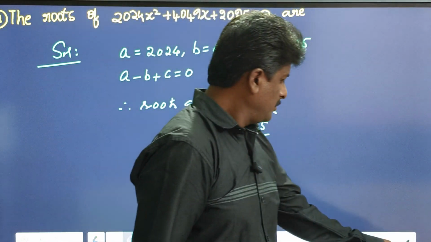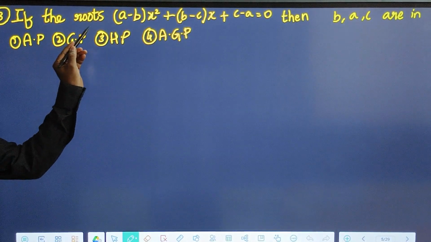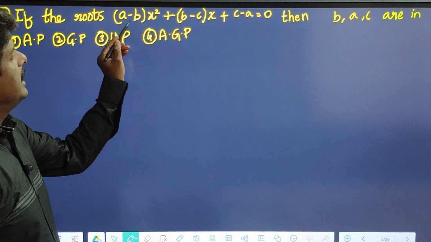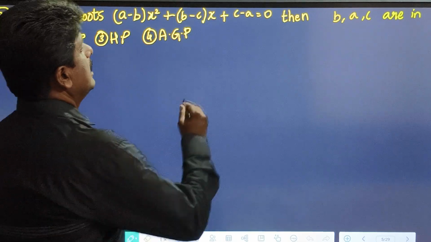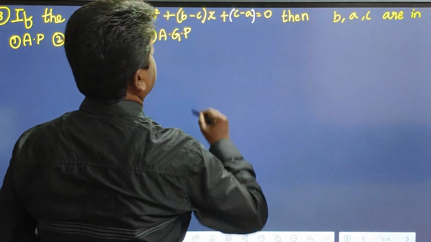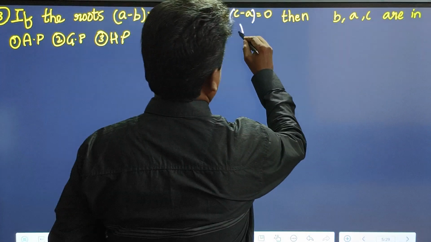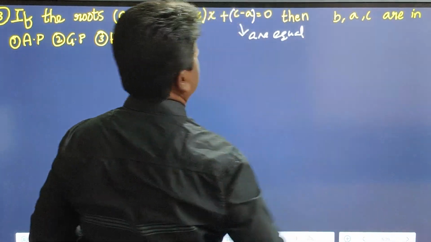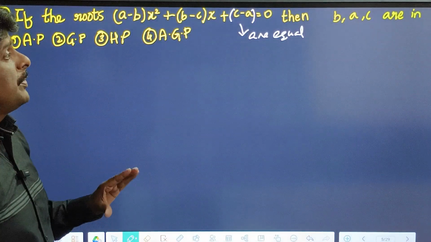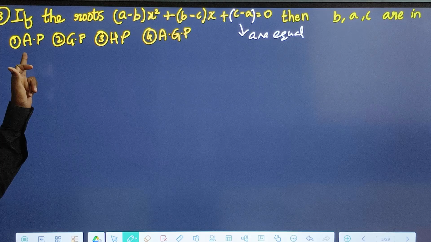Next problem, problem number 3. See the question. If the roots of a minus b x square plus b minus c x plus c minus a is equals to 0 are equal, then b comma a comma c are in which progression?